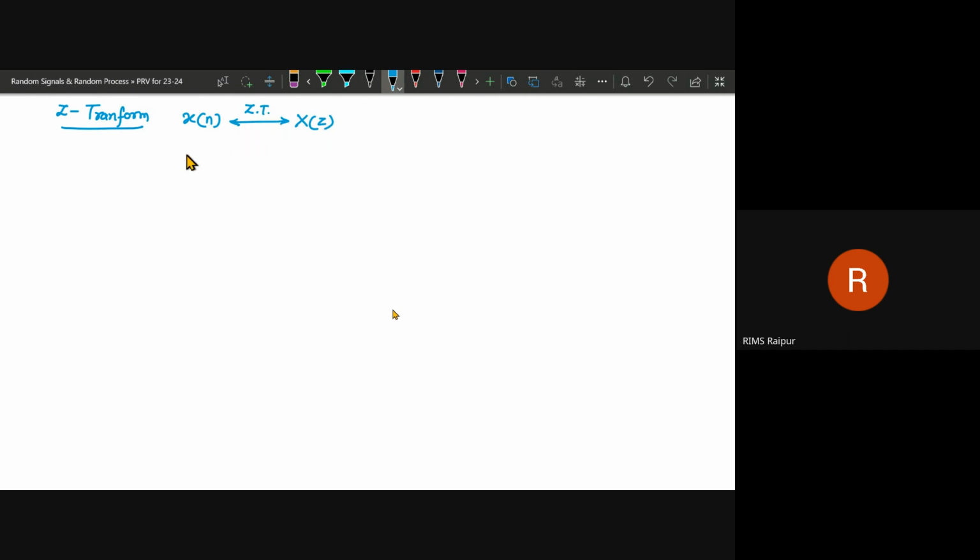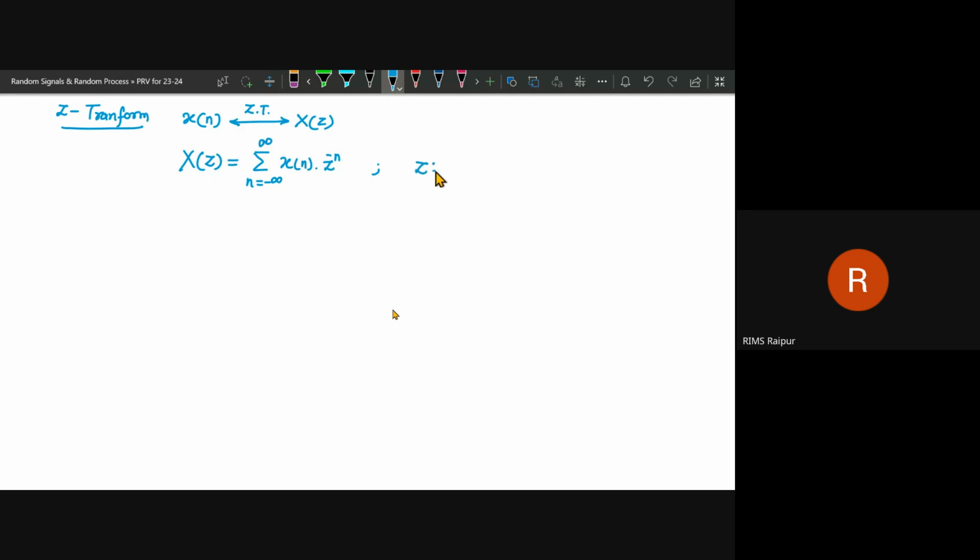Now, how do we calculate this Z transform?